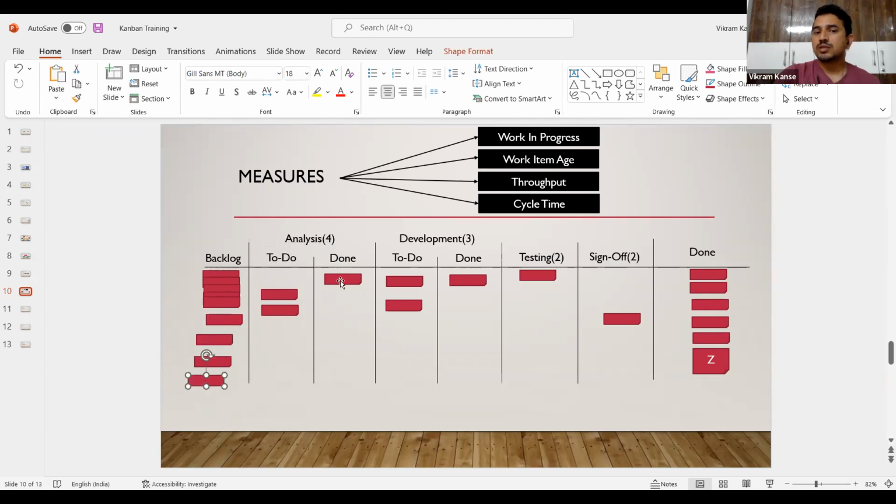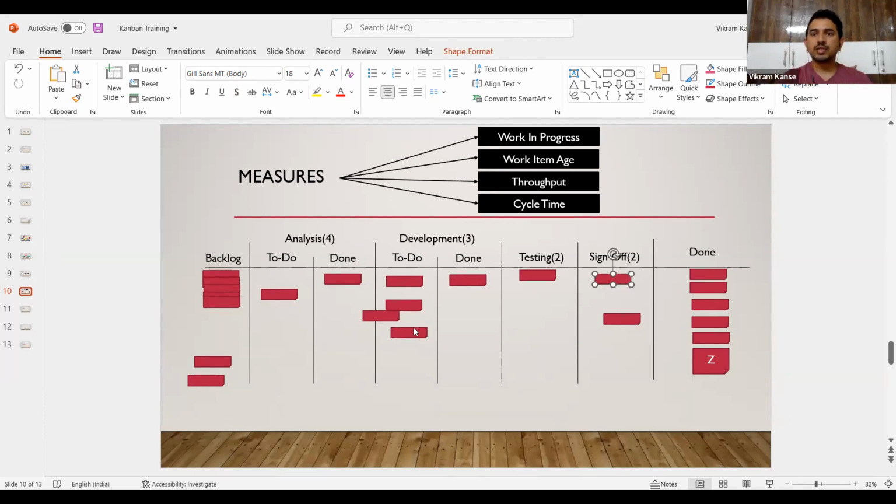So far we have seen that WIP limits are only applied to the columns, but there are situations where they apply to the entire board as well. There are teams that do this. They say, on my board, I don't want to see more than 11 cards. So 11 will be my WIP limit for the entire board, which means at that point in time, the development team can take this many, and analysis will be this many.